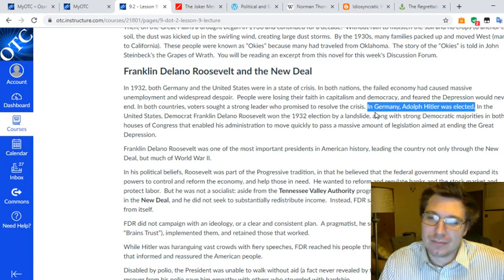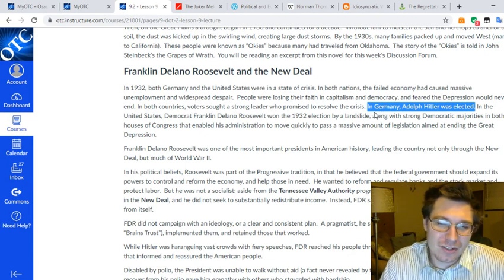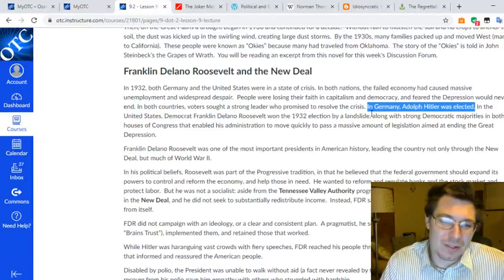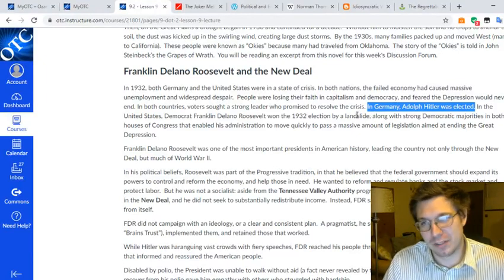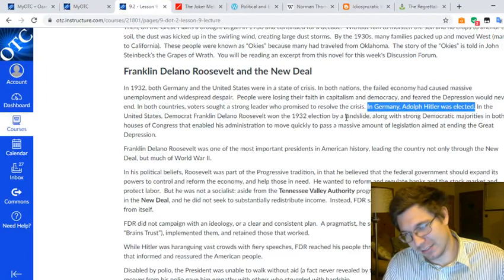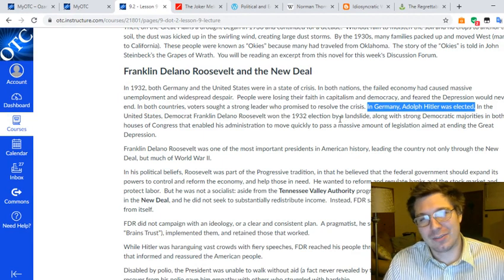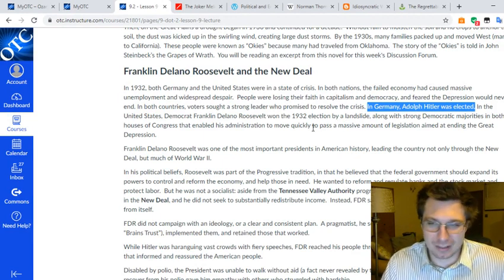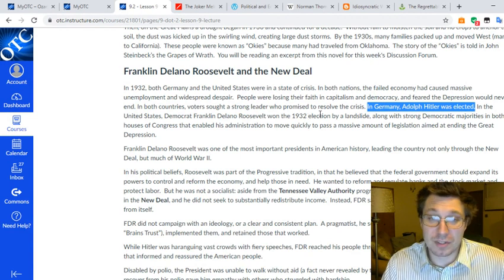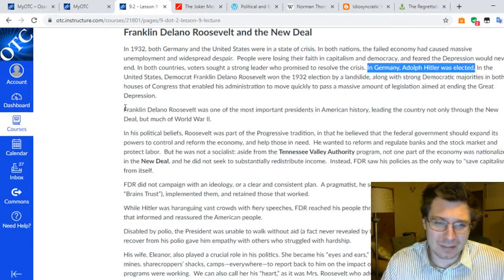So technically he wasn't elected to be chancellor. He was appointed, but he was appointed because his party won the most seats in their parliament. So in a roundabout way, he was kind of elected. His party was popular. Anyways, back to Franklin Roosevelt.